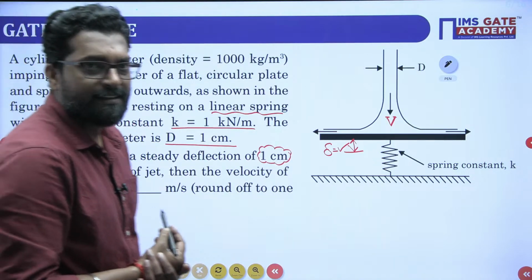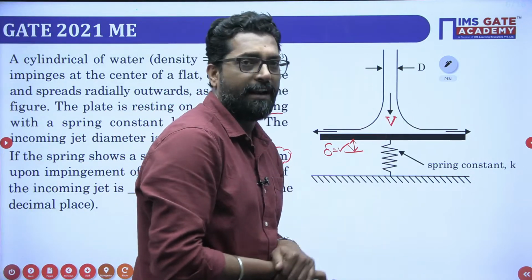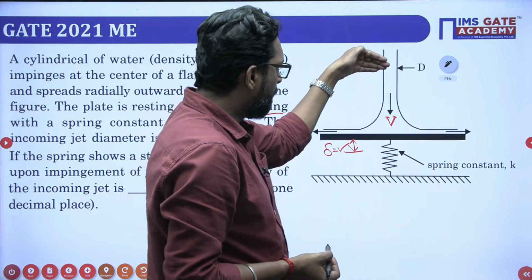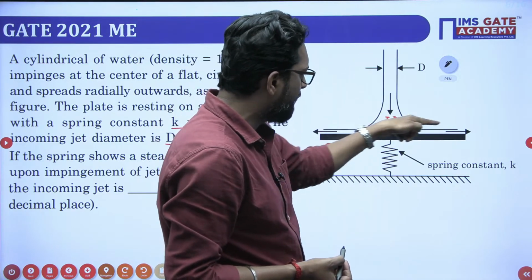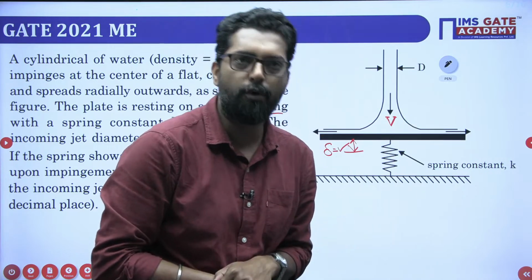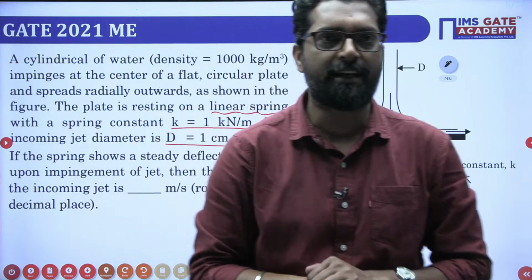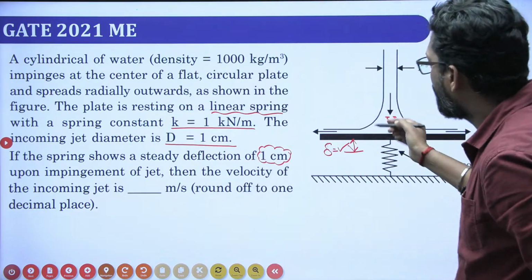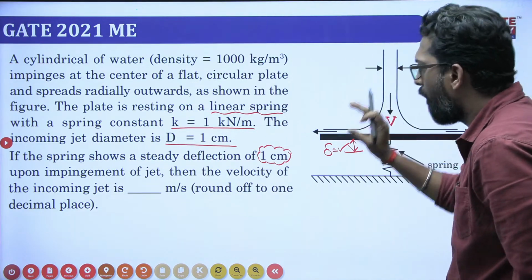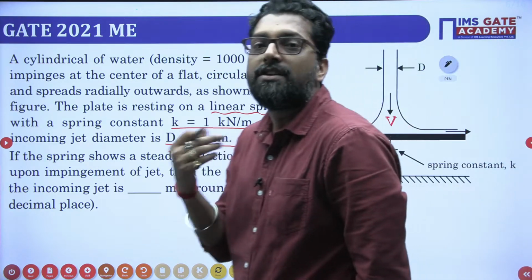We have to analyze this as a control volume analysis, taking the fluid as the control volume. This is precisely the conservation of momentum principle, so we solve the problem using conservation of momentum.